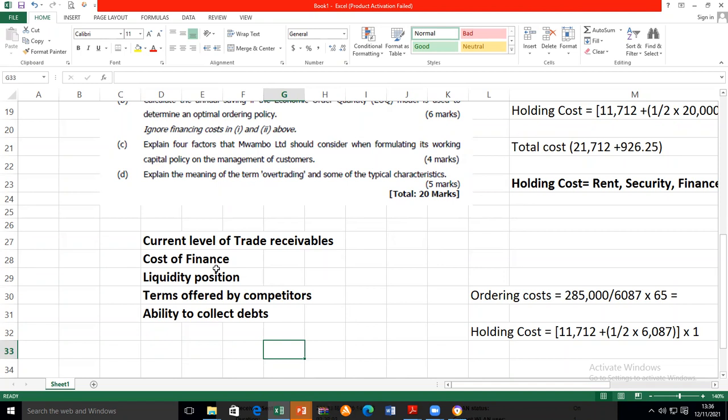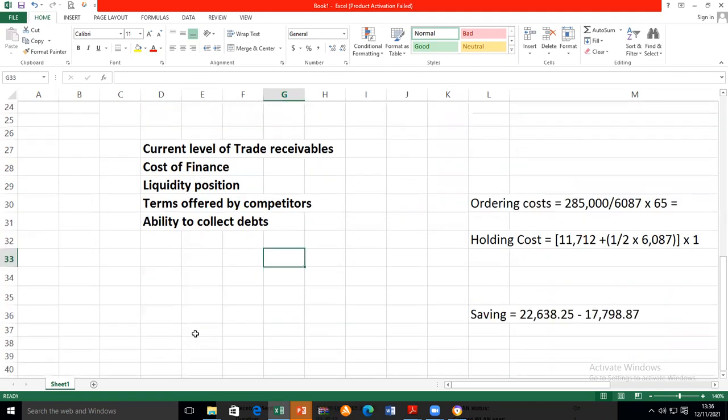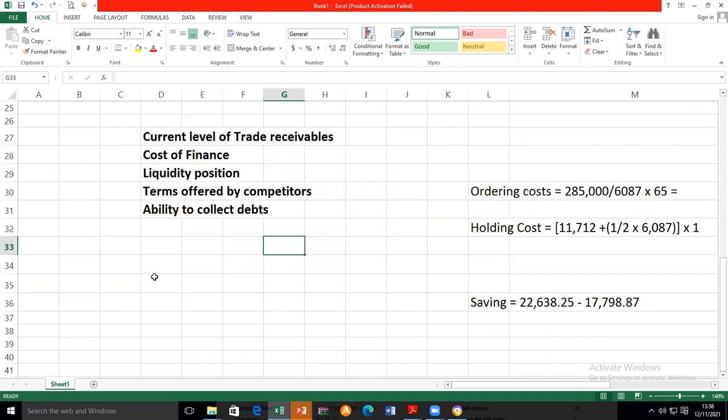Let's briefly explain. Explain the meaning of the term overtrading and some of the typical characteristics. Overtrading. Can somebody tell us what is overtrading?